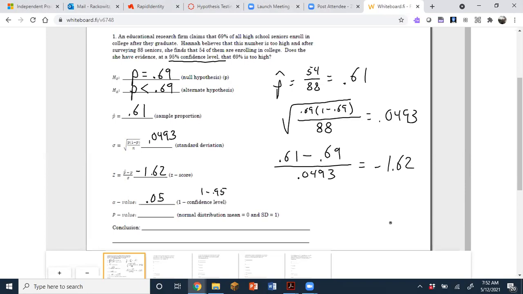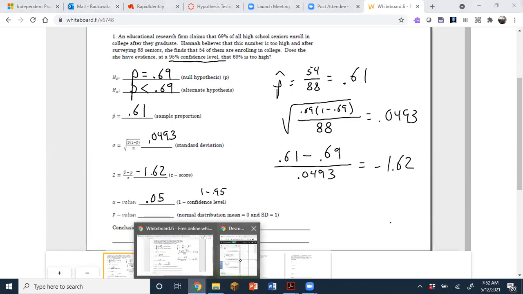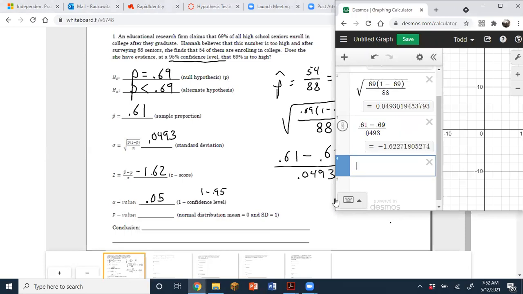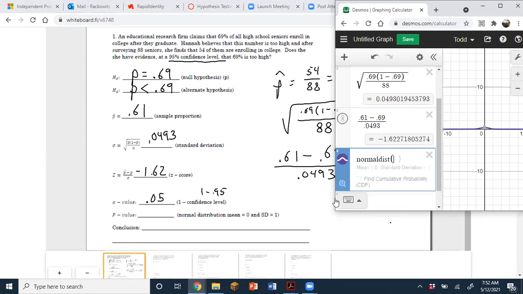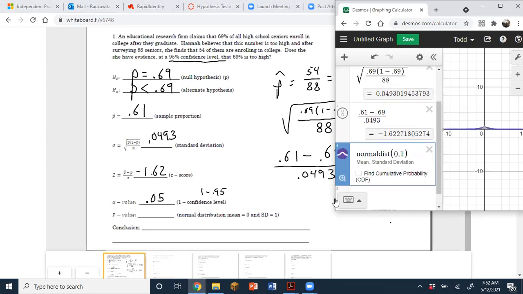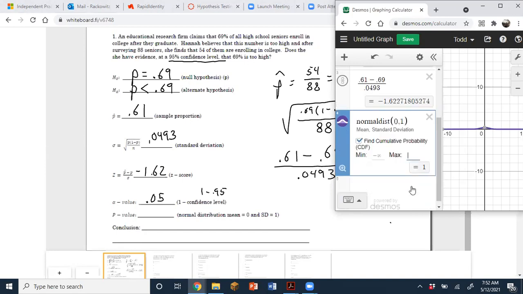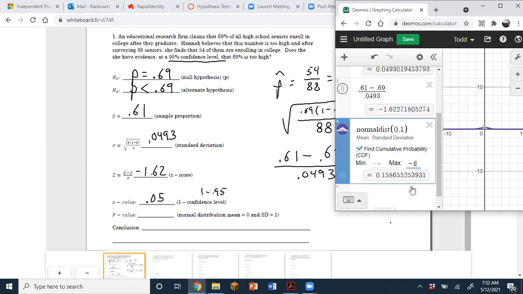So we need the calculator with negative 1.62 to get that. So that's when you do normal CDF, 0, 1 for these. And find the probability, since it's negative, that's going to be your maximum, negative 1.62, and that's 0.0526.